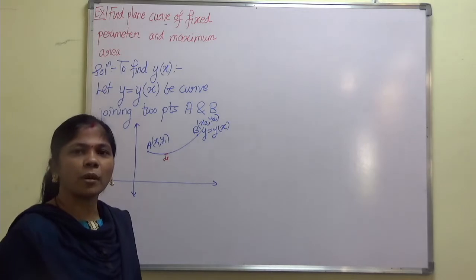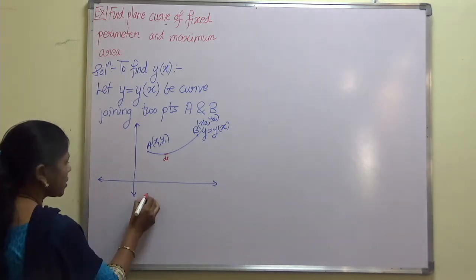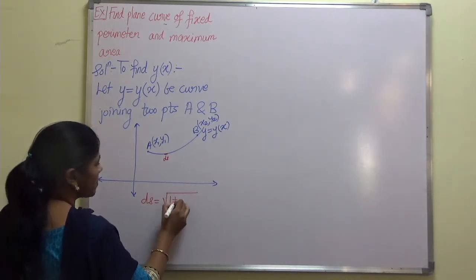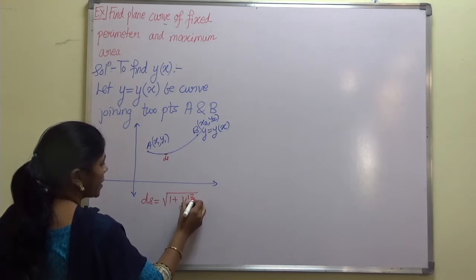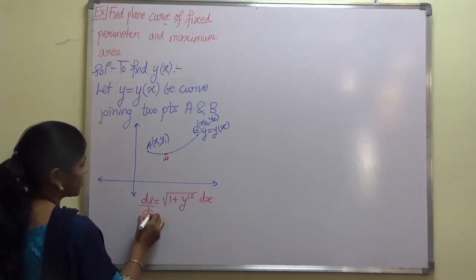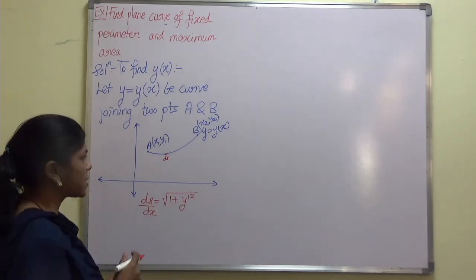And we know the formula of arc length: ds is equal to under root of 1 plus y dash square dx, that is, ds by dx is this. Okay, this is the formula.